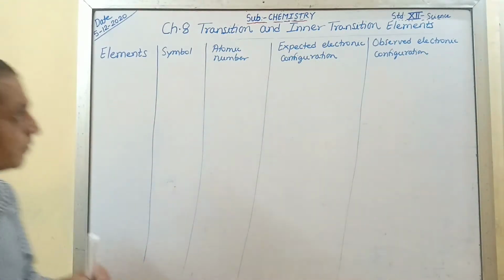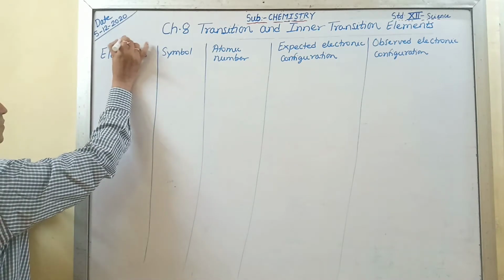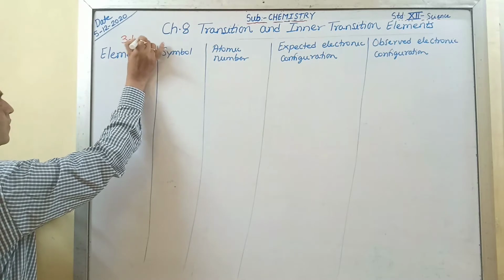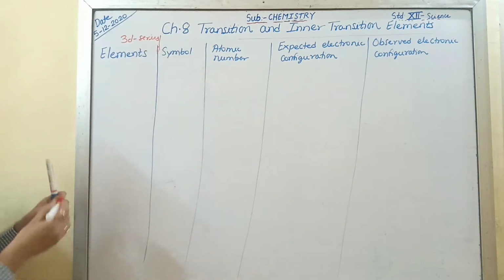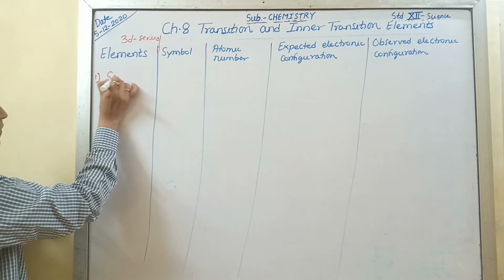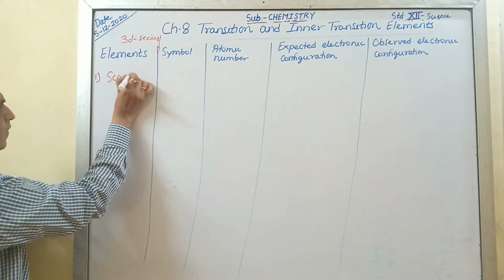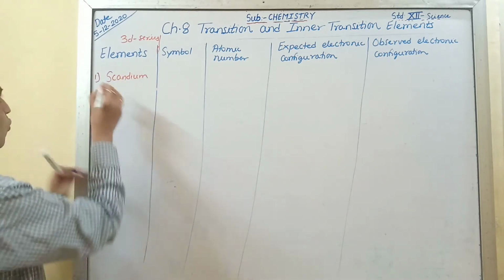You know that in the 3d series, the first element is scandium. First we make the columns.